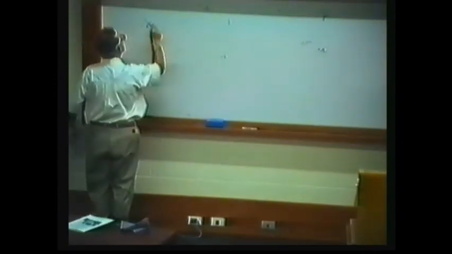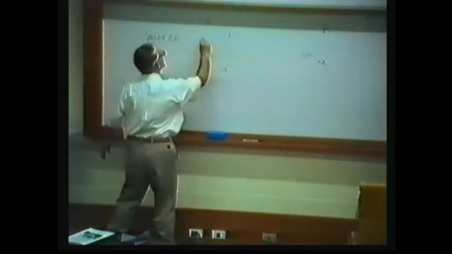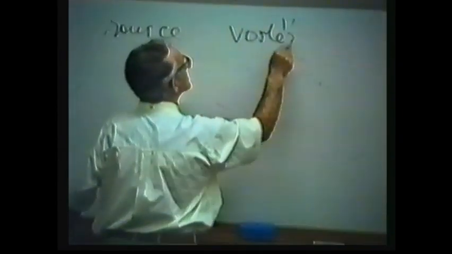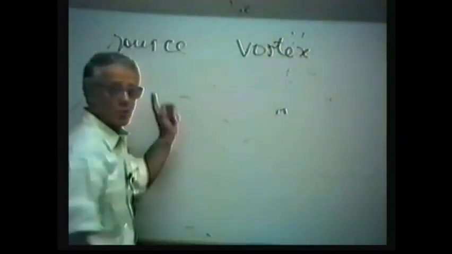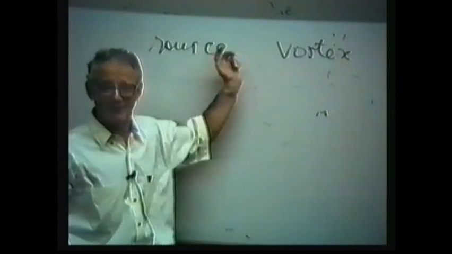What is the second? Vortex. Correct. Nature knows two types of generators. Let me write them: source and vortex. Unfortunately, you have to know both of them.